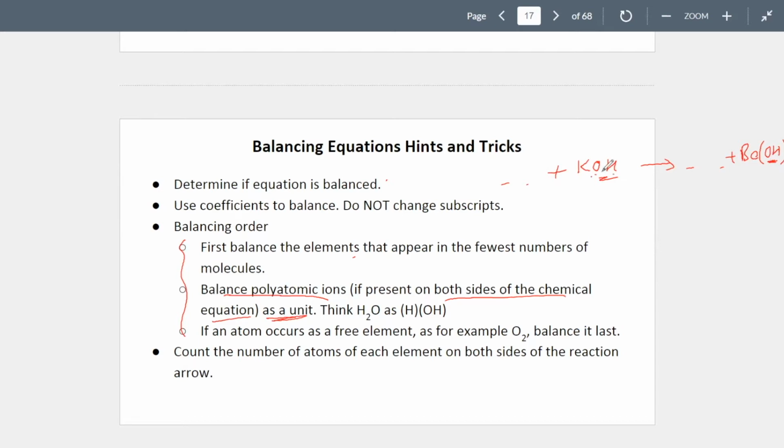But if it's not present as a polyatomic ion, then you're going to separate it into oxygen and hydrogen atoms. So that is what you're going to do.